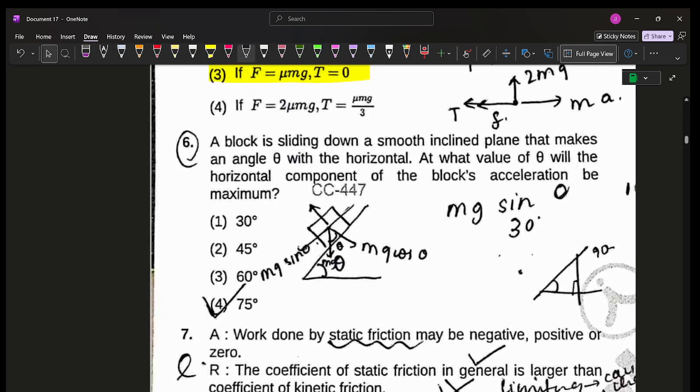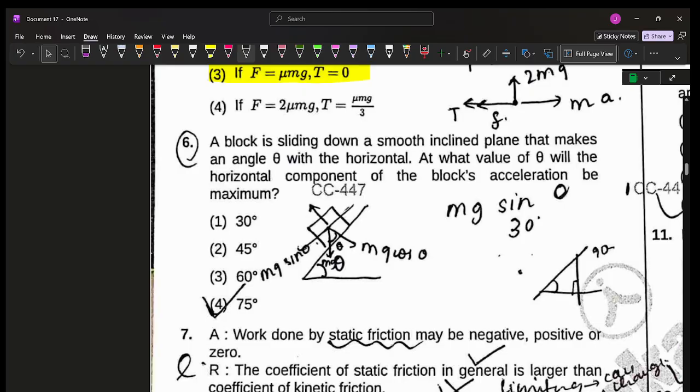Okay. So what they've done is a is g sine theta, and a x is g sine theta cos theta. I'm not really understanding how exactly they did it right here. They started with a is equal to g sine theta and a x as g sine theta cos theta.